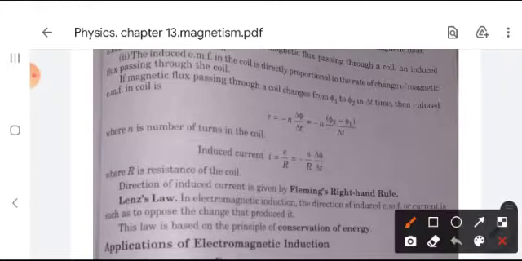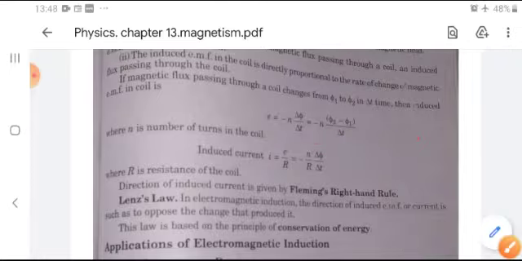So we get the formula here, E is equal to minus n delta phi upon delta t, or minus n times phi 2 minus phi 1 upon delta t. Induced current value is E upon R, where R is the resistance of the coil and E is the EMF. Direction of induced current is given by Fleming's right hand rule. It is very important for you.